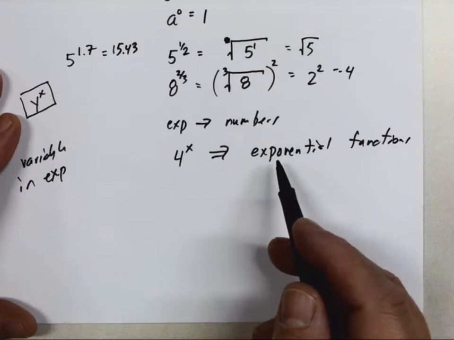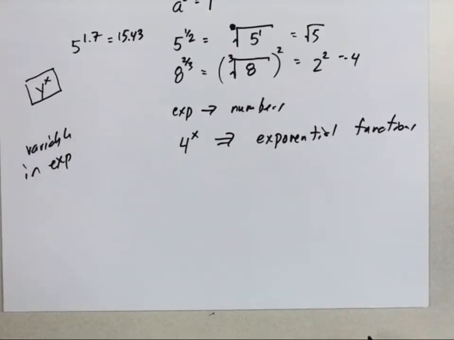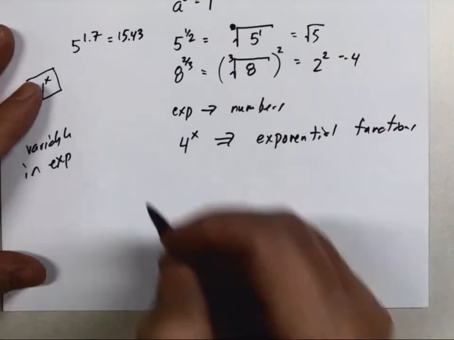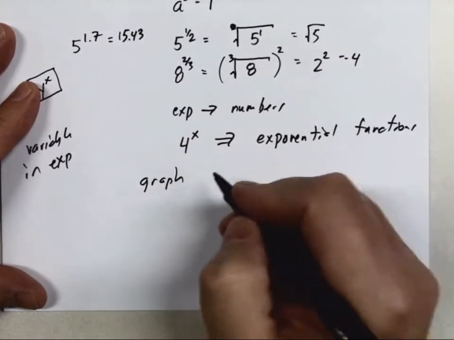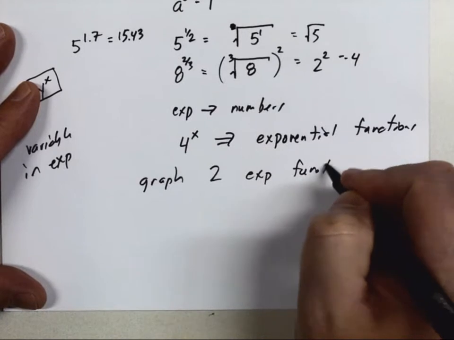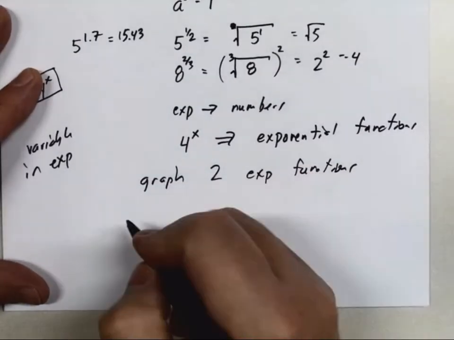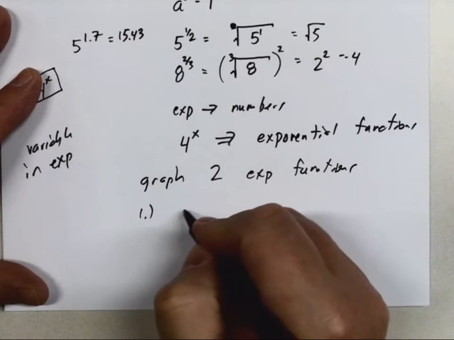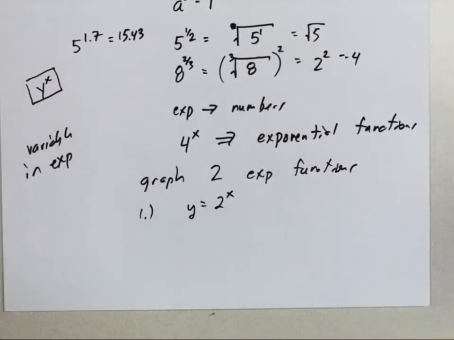Now what I want to do first is see what these exponential functions look like. And actually, I'm going to graph two exponential functions. The first one I'm going to graph is y equals 2 to the x.